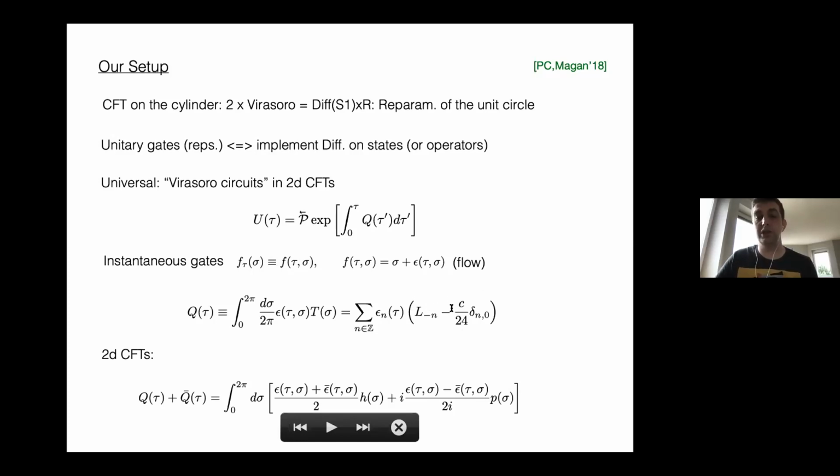The central charge here comes from the fact that we are on the cylinder, so we need to take it into account. And of course, in two-dimensional conformal field theories, we have two copies, and so we just add this Q and Q bar. And maybe in more familiar terms, we can actually write them in terms of the stress tensor, or maybe in terms of the sum and difference of the stress tensors that are defined as Hamiltonian density and momentum density in CFT.